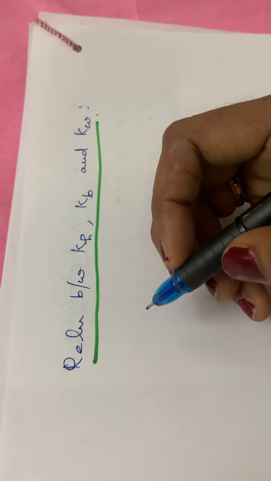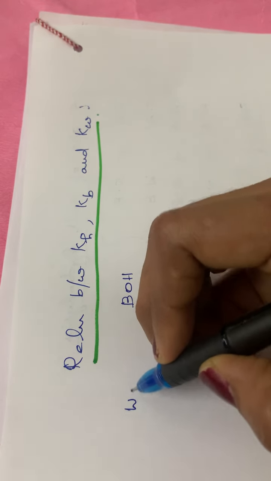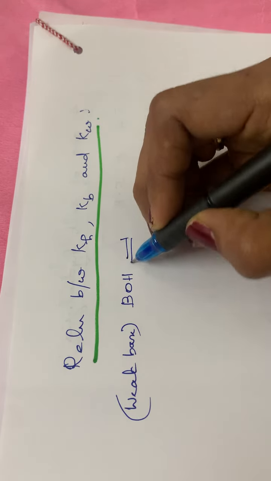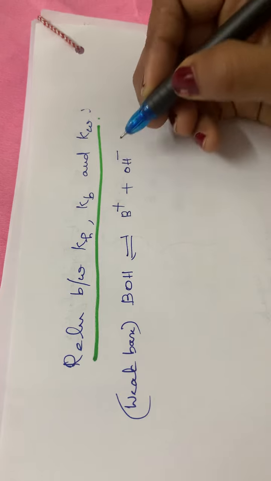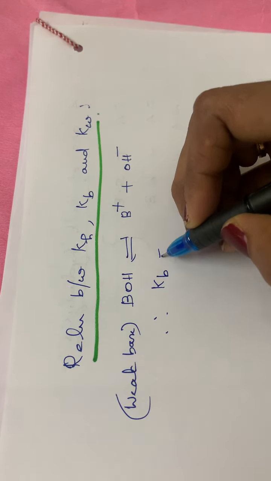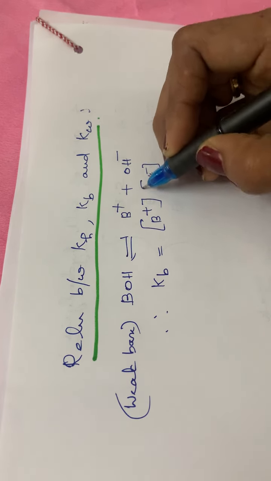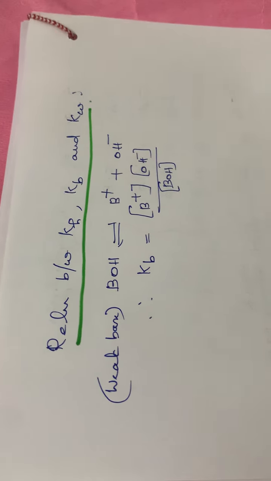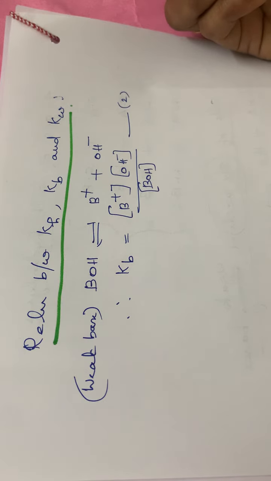The weak base here is BOH, and it ionizes only partially, as B plus plus OH minus. Therefore the ionization constant Kb is equal to the concentration of B plus into the concentration of OH minus divided by the concentration of BOH. This is the ionization constant Kb. Put it as equation number 2.